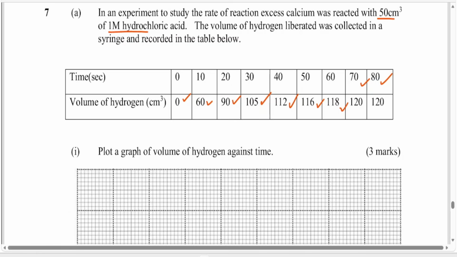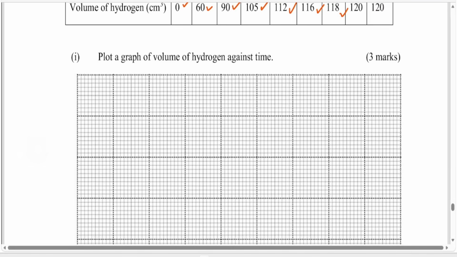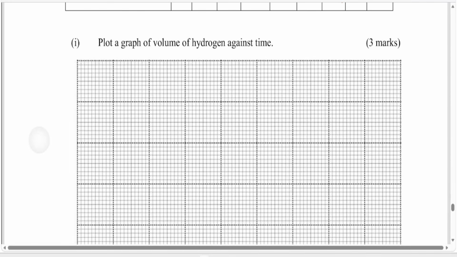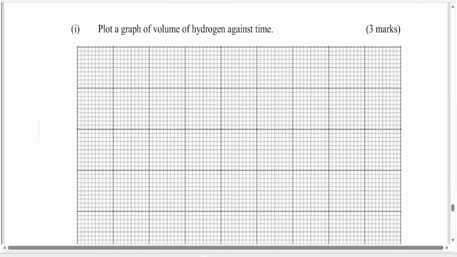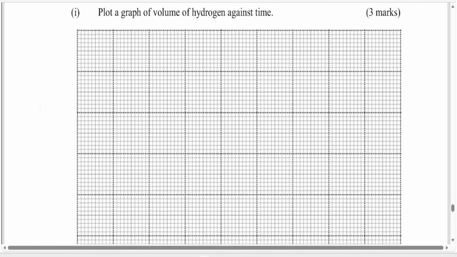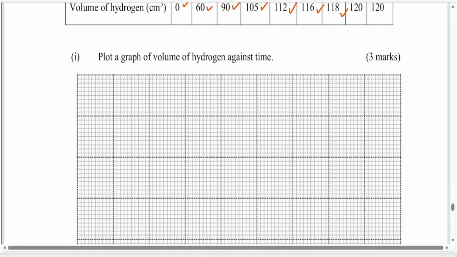So from this table, plot a graph of volume of hydrogen gas against time. So without wasting much time, we plot this graph. On my y-axis, I'm going to have the volume.